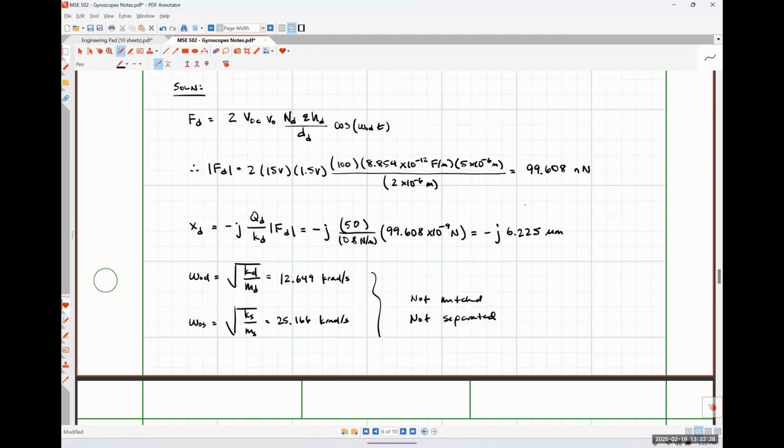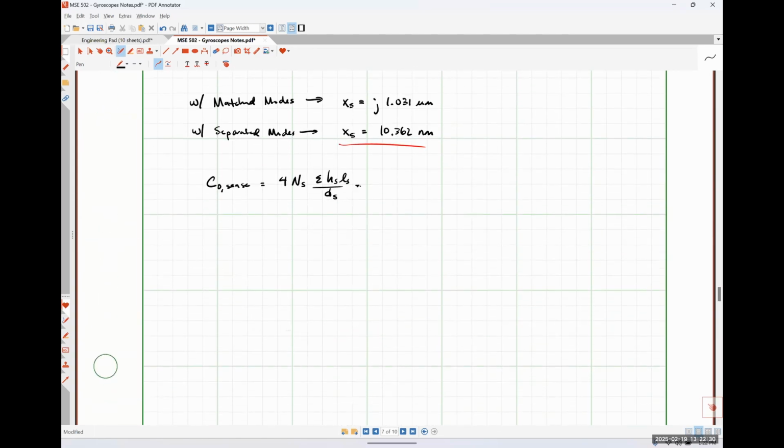So I'll just fix that. And so that's going to come out to be 88.542 femtofarads. Pretty damn small, but just because there's not a whole hell of a lot of fingers here.